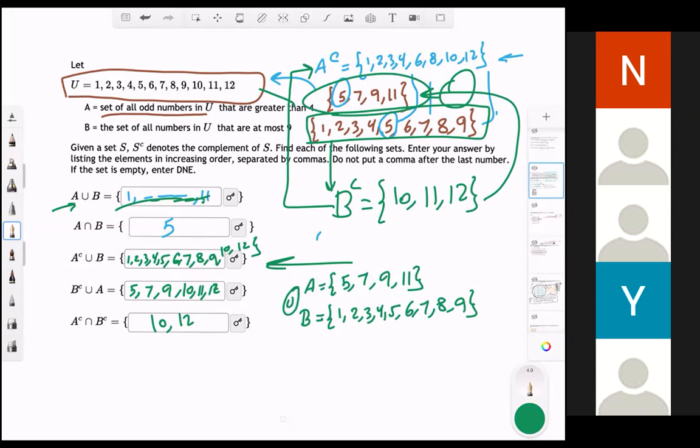So basically, I start with the larger set, 1, 2, 3, 4, 5, 6, 7, 8, 9, then adding 11. So 12 is not there, correct? Also 10 is not there. Okay, thank you.